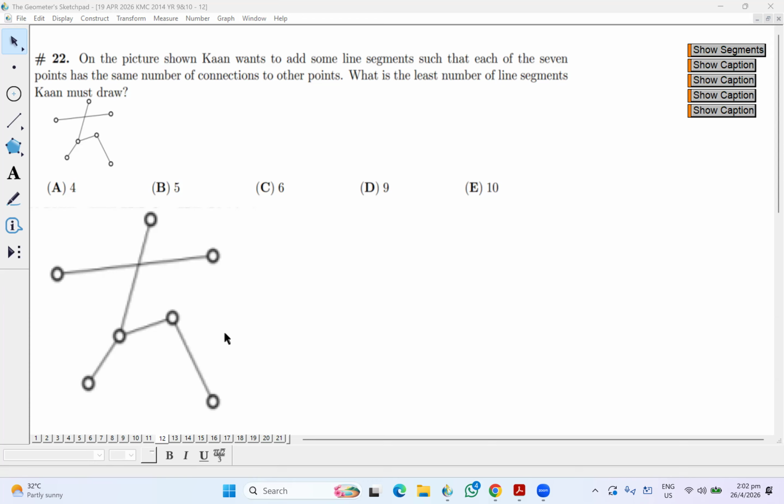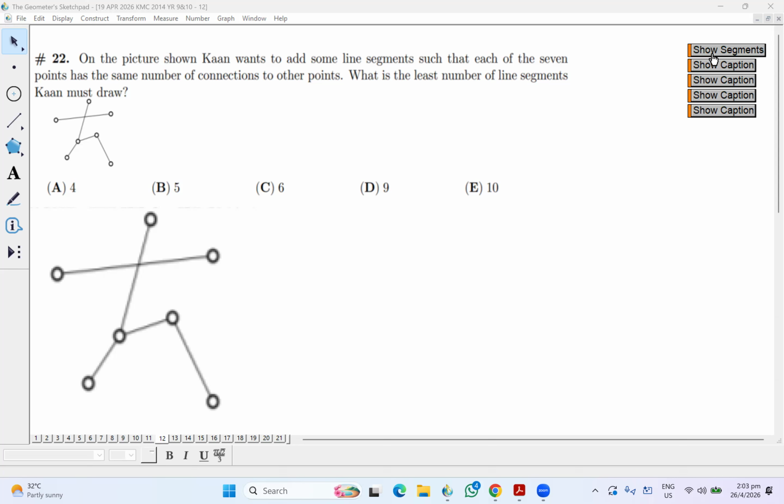That means the total number of connections is always even, because every line gives 2 connections. Odd numbers like 10, 11 line segments must have 22 connections. So if we want every point to have 3 connections, it's not possible because we end up with 21 connections.